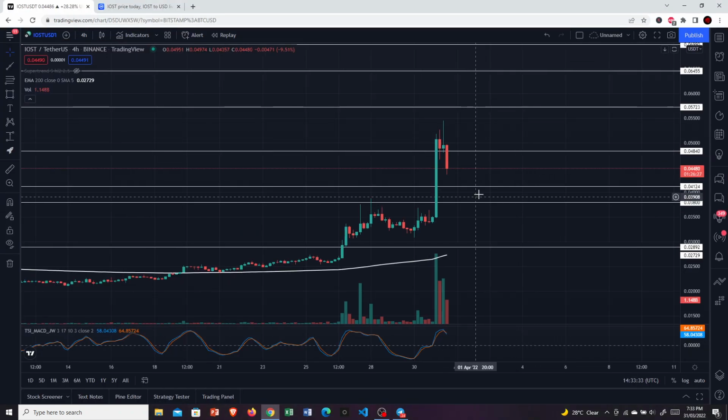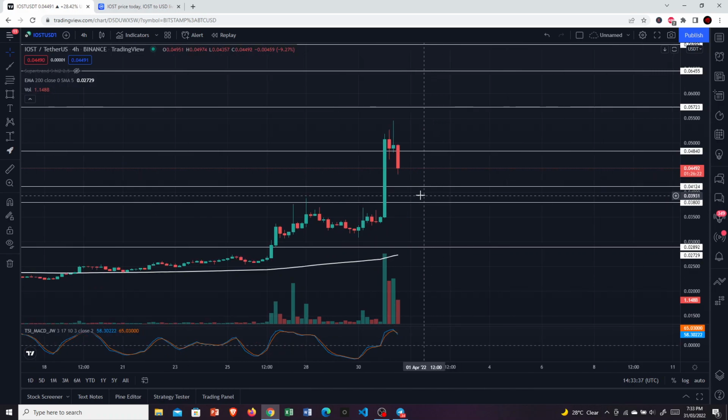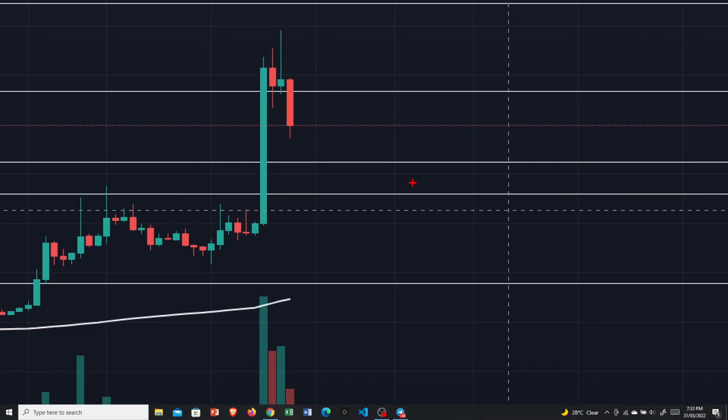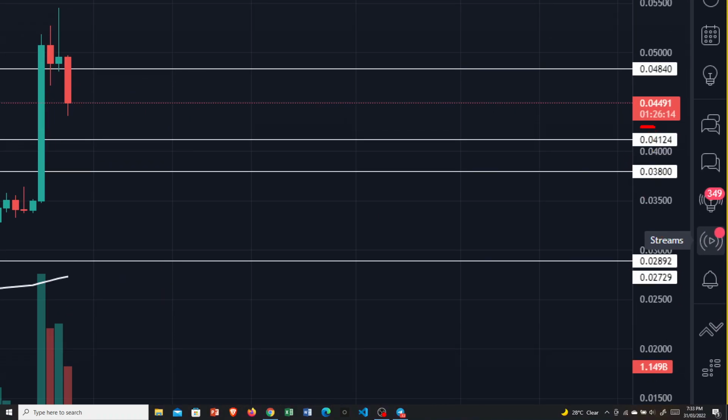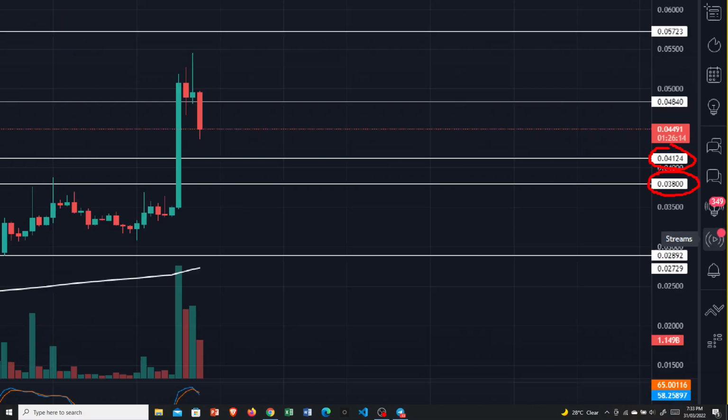If you are planning to enter into IOST right now, I suggest you buy at supports 1 and 2. Don't enter at one support; I suggest you DCA. So our entries will be at 0.041 and 0.038.